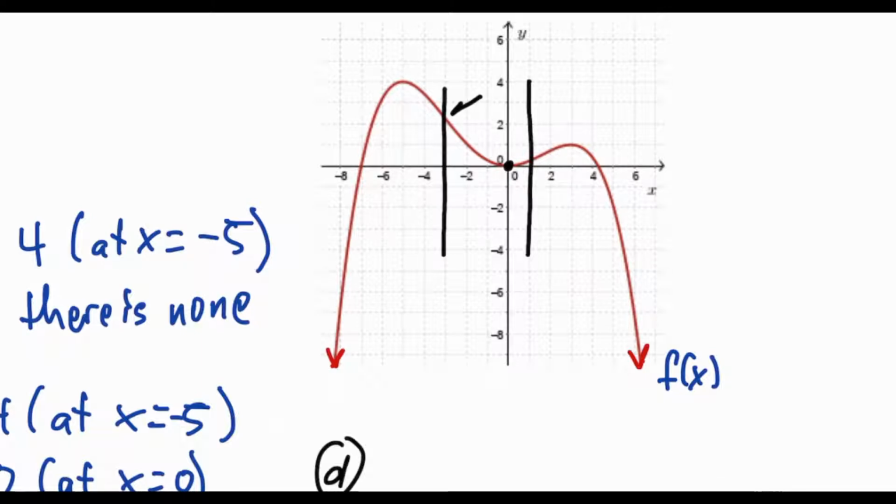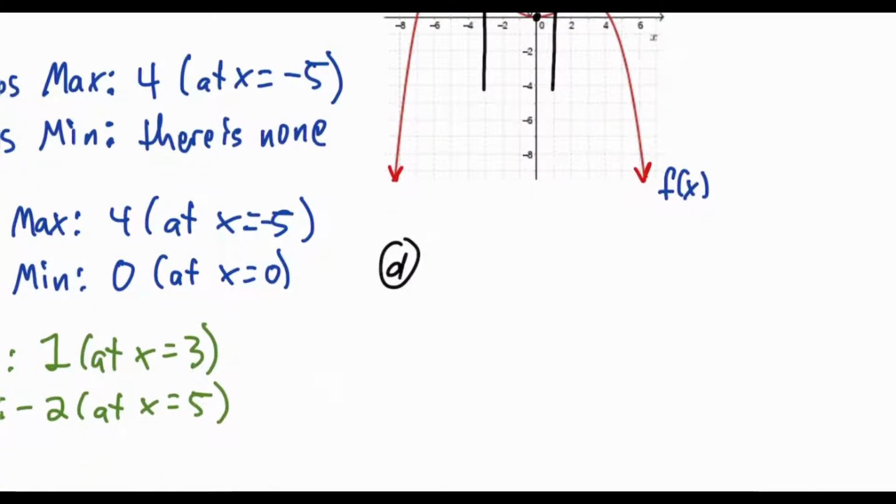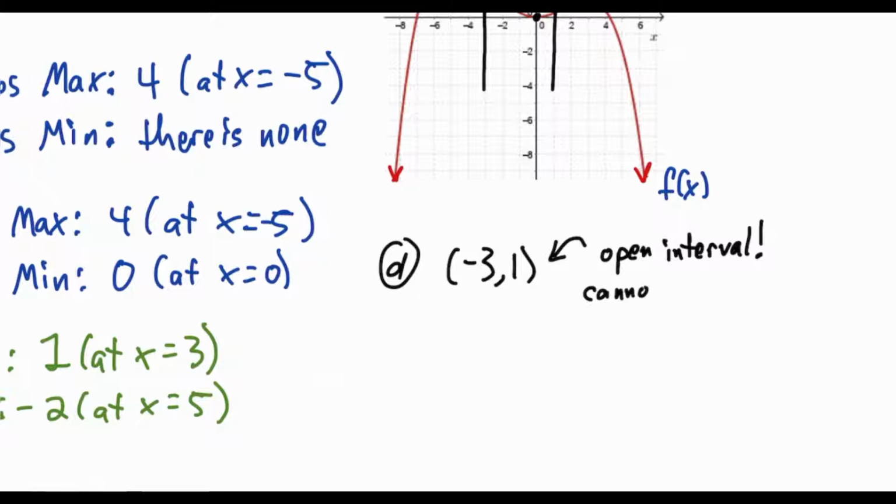Well, normally I would want to evaluate my endpoints, but there's a problem. Let's take a look. -3 and 1. This is an open interval. So it doesn't actually reach -3 and 1, so I cannot evaluate the endpoints.